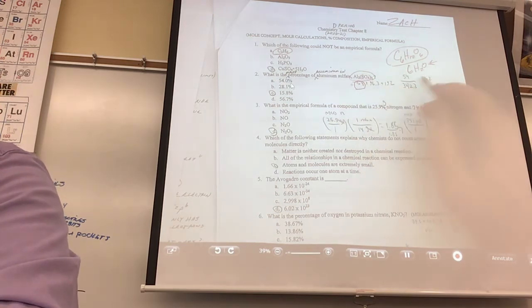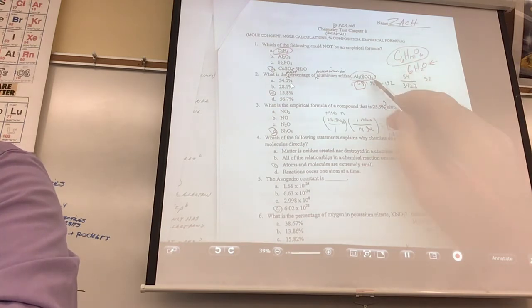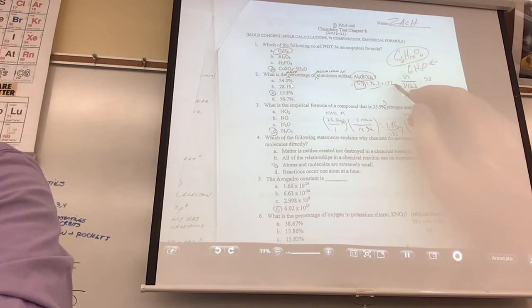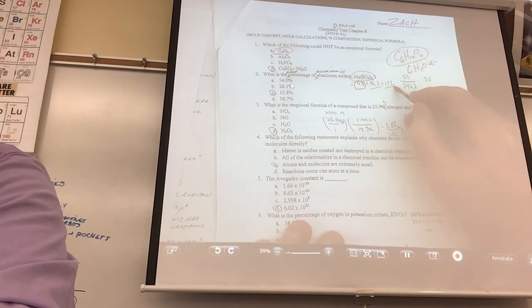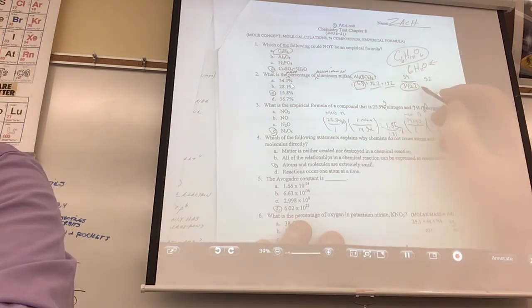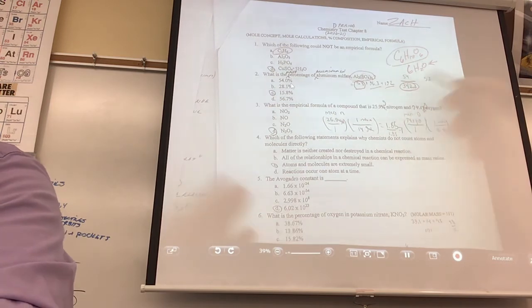I see what Zach put down. It looks like he did 3 times 32. He got 96. And then 12 times 16. Is that right? Okay, so the total mass is 342.3, or somewhere around 343.